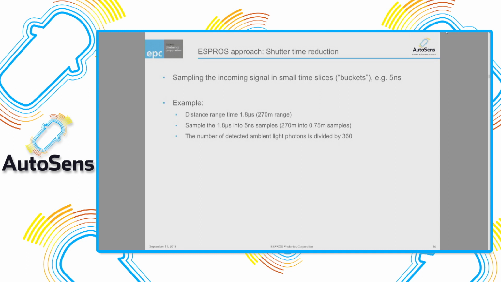And that means in such a sample, you get this multiplier compared to 1.8 microseconds of a full shutter time for the whole travel time. Here in this example, from 1.8 microseconds to 5 nanoseconds, the amount of ambient light photons is divided by 360. So much less ambient light photons.